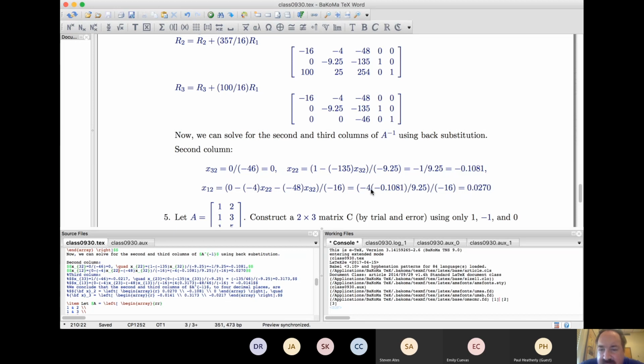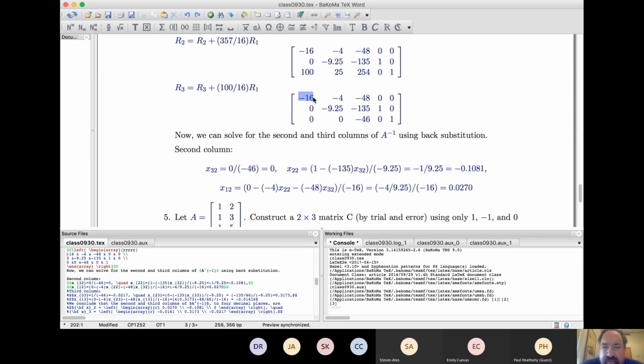Oh, I see what I did. Okay, sorry. x22 is this, but it's also this, and that's what I filled in here. So this is minus 4 times minus x22. That's what goes here. And then all that's divided by this element, the minus 16, and we have this here.